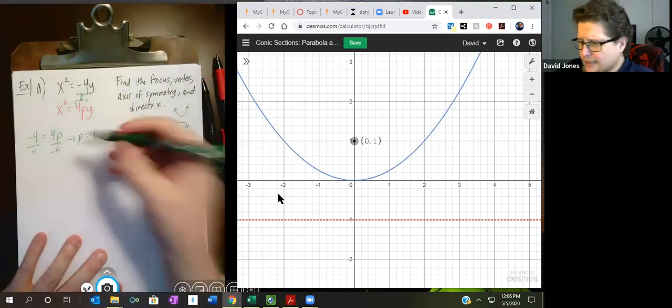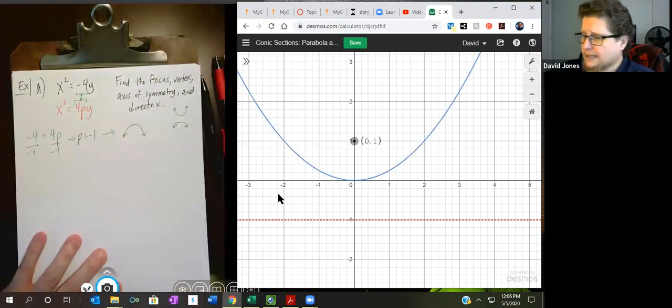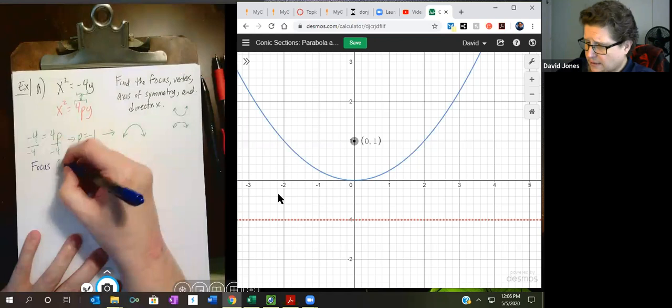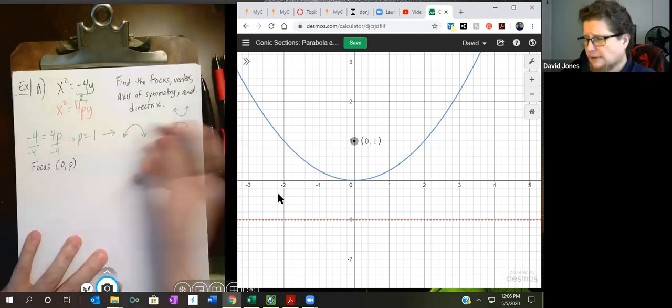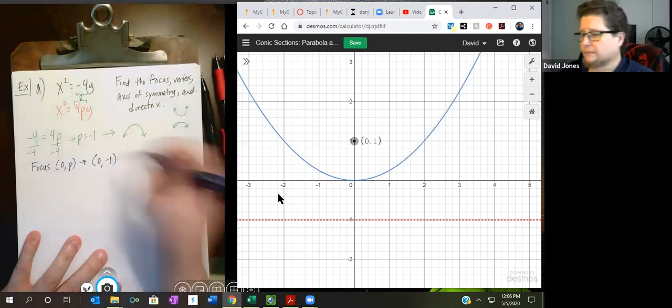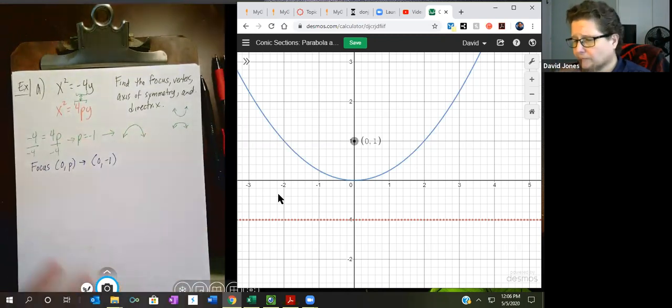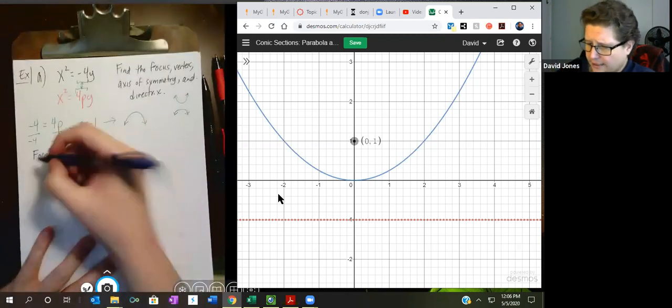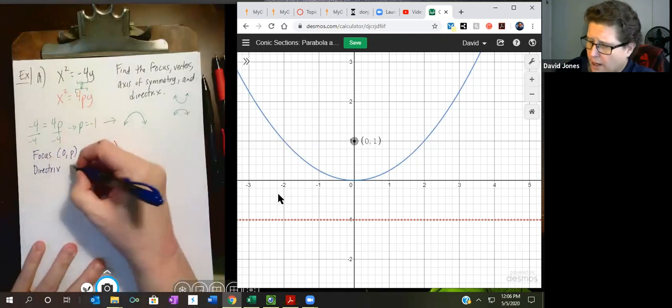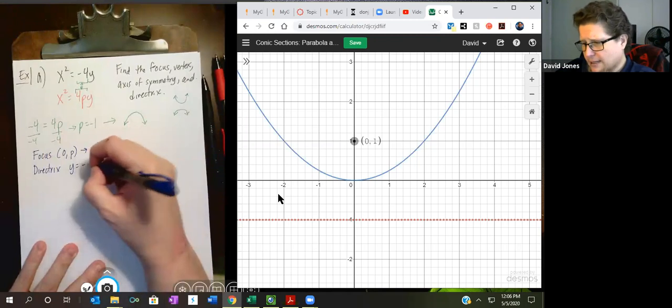My focus is at (0, p). And in this problem, that's (0, negative 1). My directrix is y equals negative p.